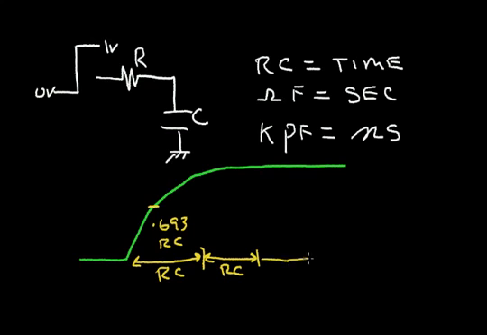Let's take a third RC time constant to this point. It turns out that at 3 time constants this point in the curve is still not fully charged. It's at about 95% of the final charge. At 2 time constants, we are at about 86.5% of the full charge. At 1 time constant, we are at this point, and that's about 63.2% of the final value.